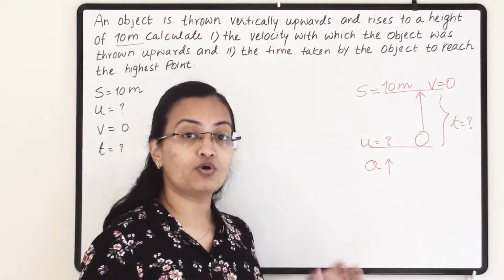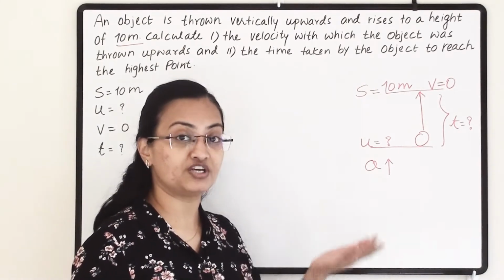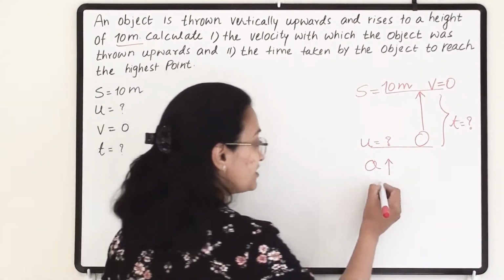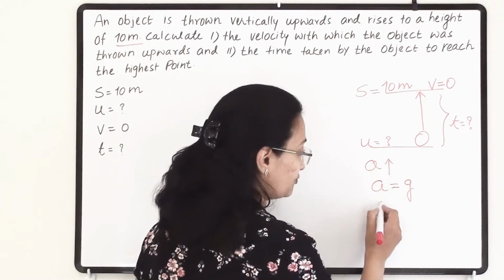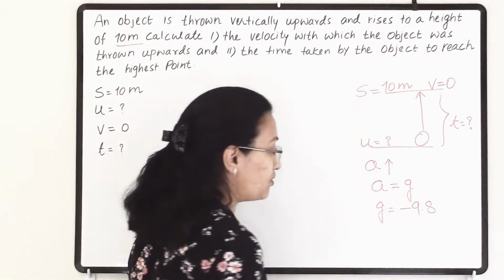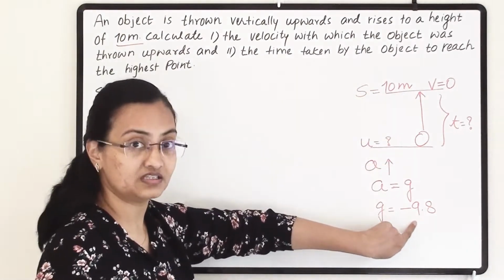The object falls down due to the effect of gravitational force, but when we are throwing the object upward, it is against the gravitational force. So here acceleration we are taking is g, but g's value will be minus, because this motion is against the gravity.